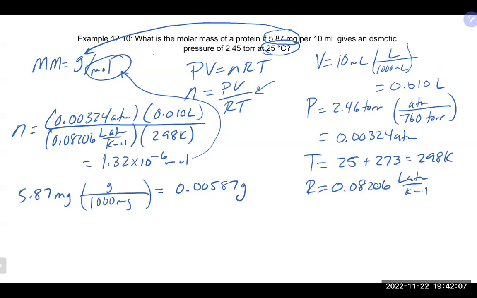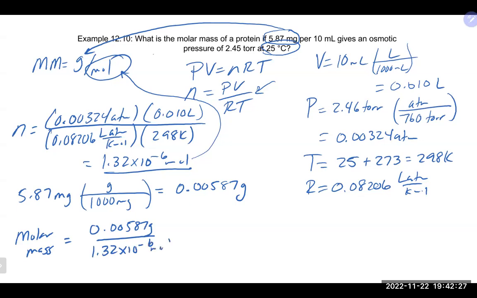So in this case, we're again using the gas law to get to moles. We have the grams given to us. So now to get to the molar mass, we are going to do a little division of 0.00587 grams divided by our moles, 1.32 times 10 to the minus 6 moles.